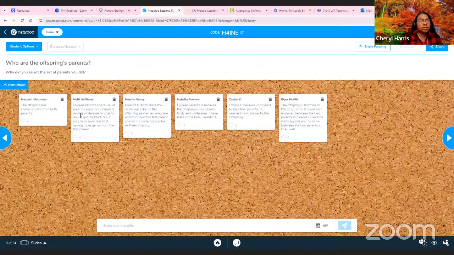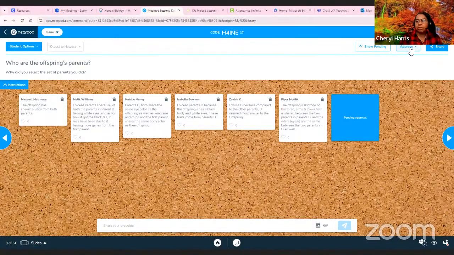I picked D because both parents in D have white eyes, and a black tail. Okay, somebody hasn't posted. Who hasn't posted? Piper. Okay, there we go. Thank you.